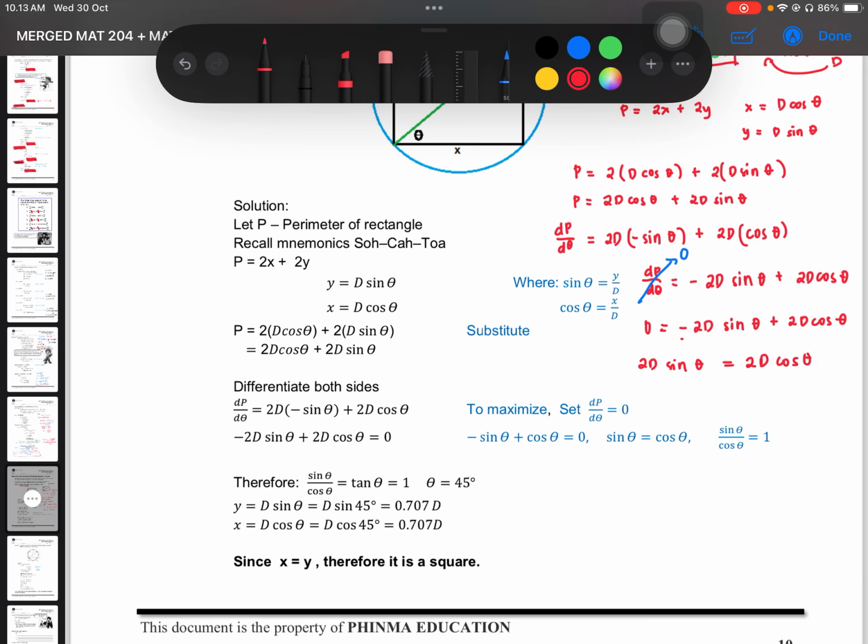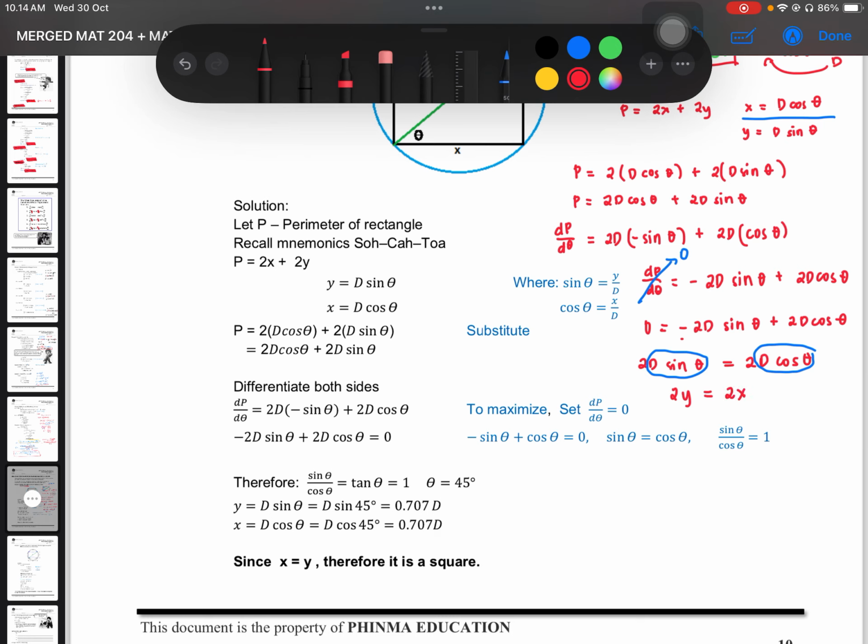We said earlier that x is equal to d cosine theta, and y is equal to d sine theta. So, let's substitute. 2 times d sine theta, which is y, is equal to 2 times d cosine theta, which is x.